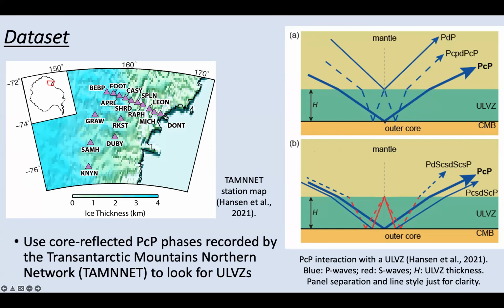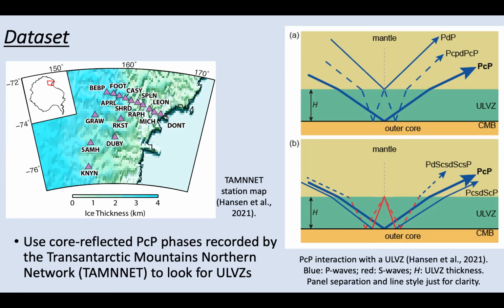As you can see, it's a phase that is reflecting or bouncing off the outer core, so the core-mantle boundary. That said, when you have a ULVZ present, this green layer with some thickness H, you get reflections both from the top of the ULVZ, the mantle-ULVZ boundary, as well as reflections and reverberations inside that ULVZ layer.